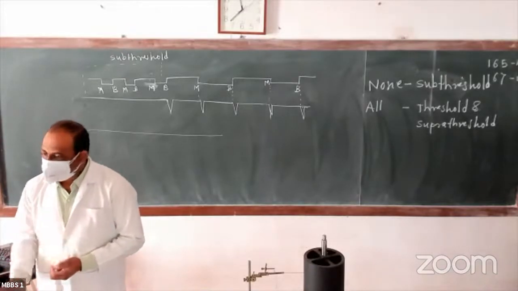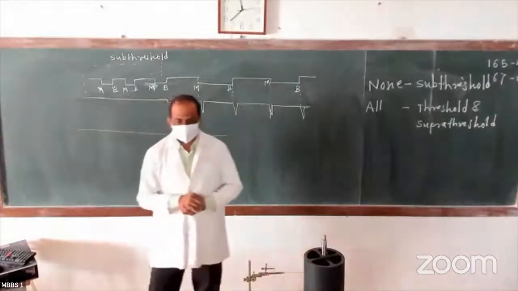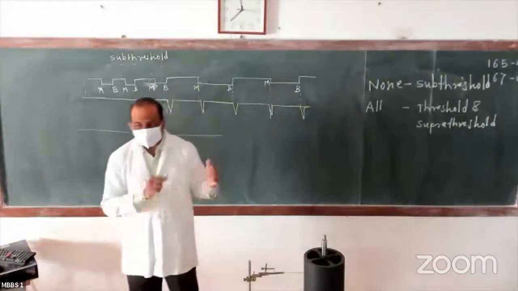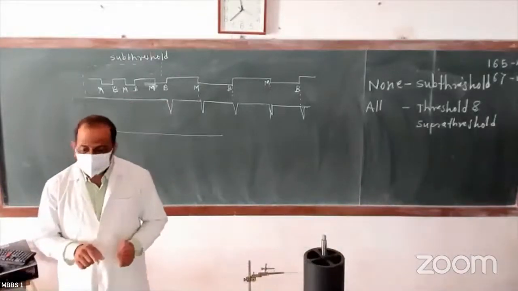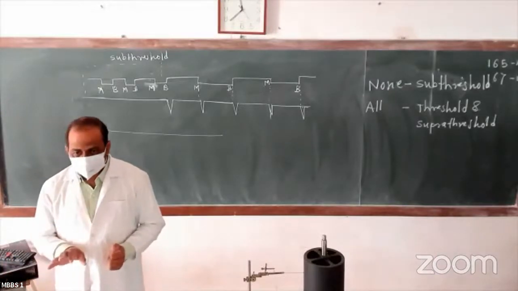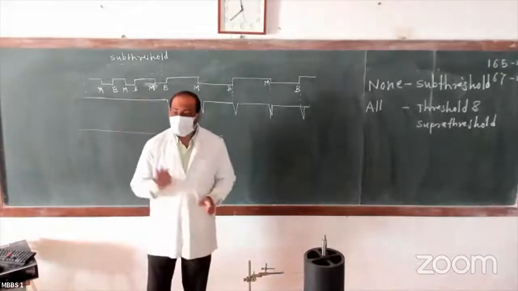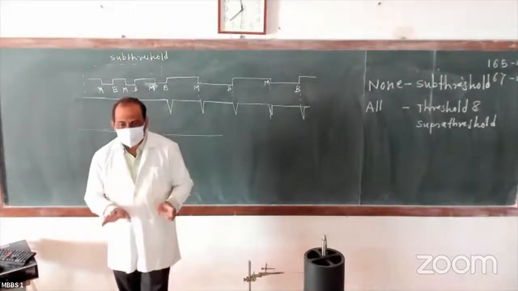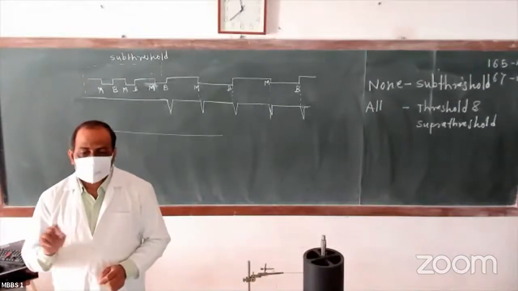More and more active sites will be open as compared to the first stimulus. So it is avoided in this practical by applying the second stimulus after the 30 seconds. Have you understood? We have avoided the beneficial effect by applying the second stimulus after the 30 seconds.